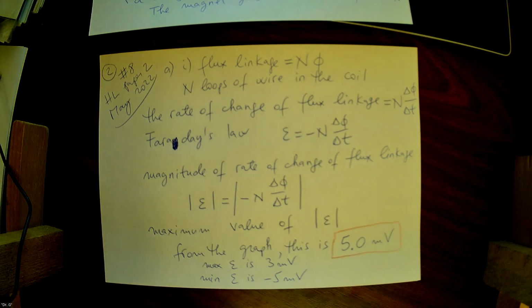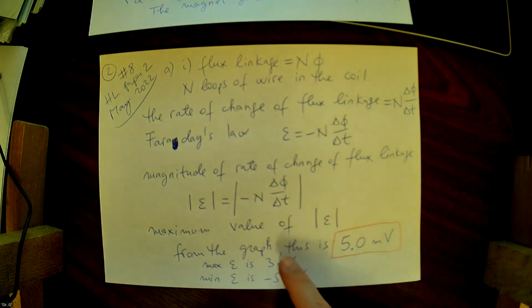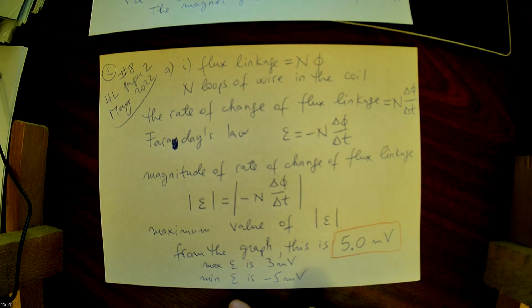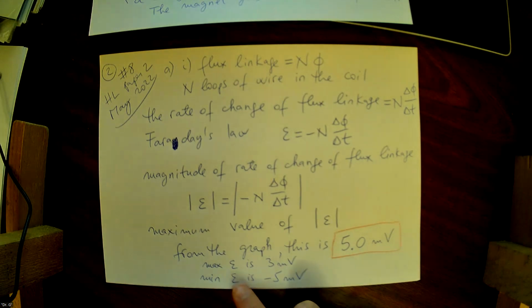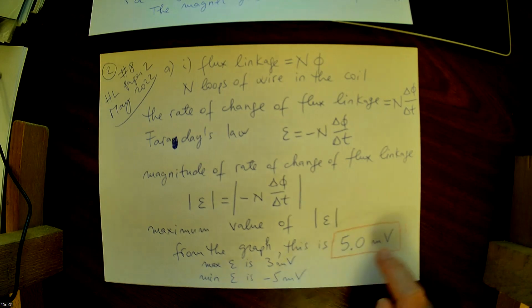So the EMF E goes from negative 5 to 3, but the absolute value of E, the magnitude of E, goes from 0 to 5. 5 is the maximum.